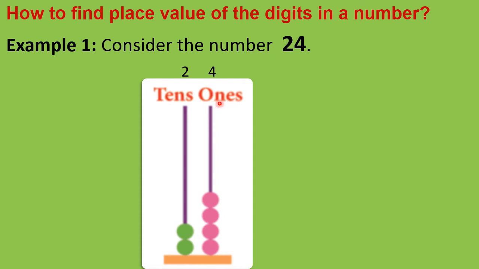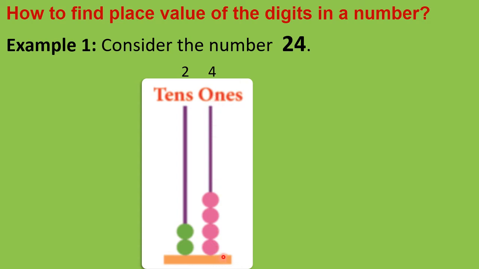This is called ones place rod, and the rod towards our left is tens rod or tens place rod. Now let us understand how we are going to use this abacus to find place values of the digits in the number 24.